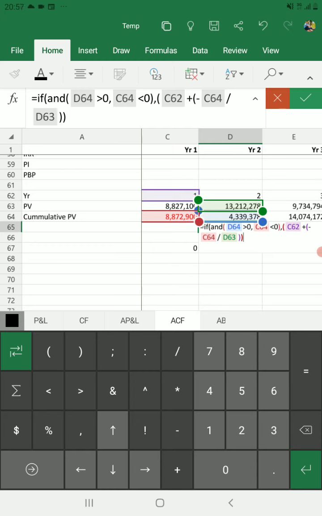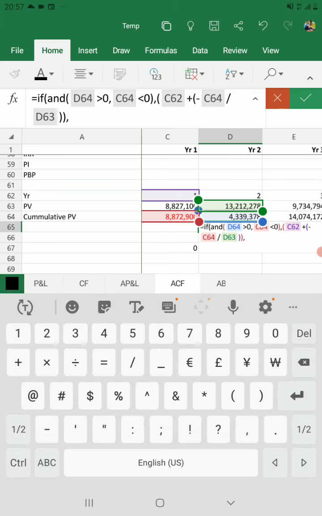So we say if both of these situations happen, that you have negative cumulative PV and positive cumulative PV, then take the previous year and interpolate. Otherwise, I put comma here, if they are not both positive and negative, then don't fill anything there. So let me use this one, double tap here, and then close the bracket.